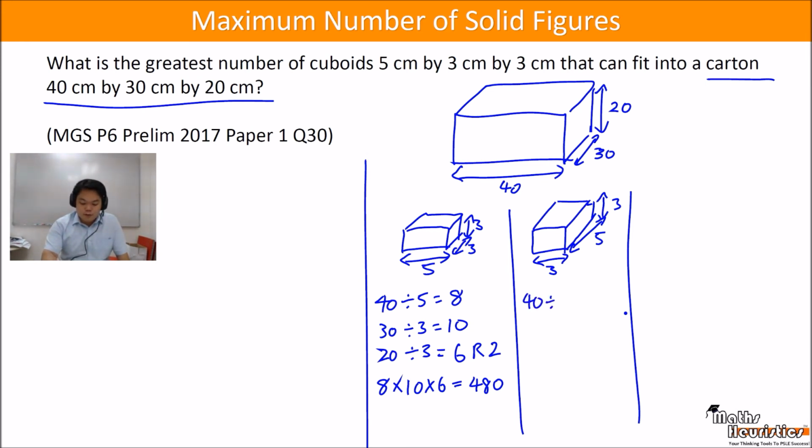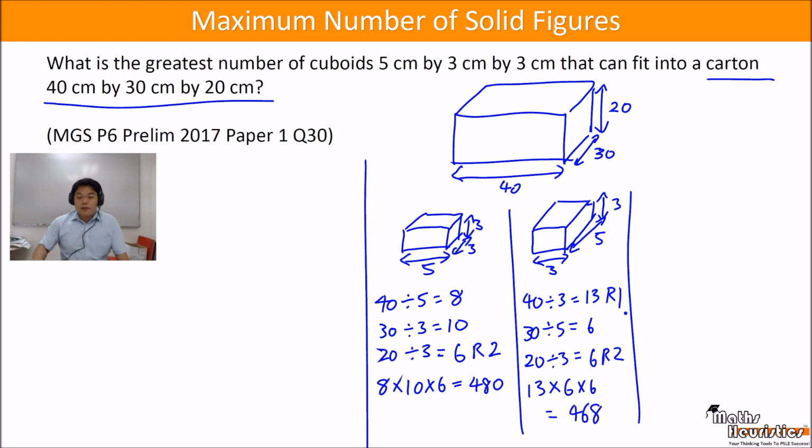That will be 40 divided by 3 to give us 13, remainder 1. Along this 30 cm edge, that will be 30 divided by 5 to give us 6. Along this 20 cm height, that would be 20 divided by 3 to give us 6, remainder 2. The number of cuboids in this orientation will be 13 times 6 times 6, which will give us 468.